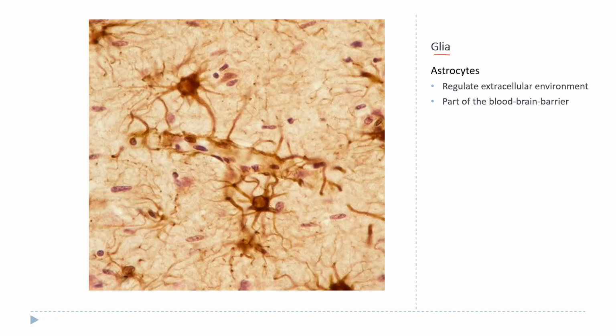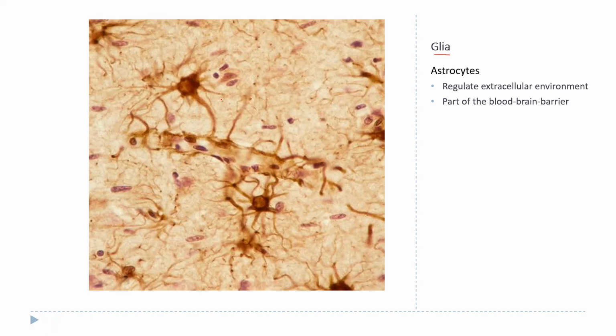They did all the communication, and the glia were just there to sort of hold the brain tissue together like glue. But now we know that there are lots of different types of glial cells, and they have lots of important jobs. And so astrocytes are a good example of this.